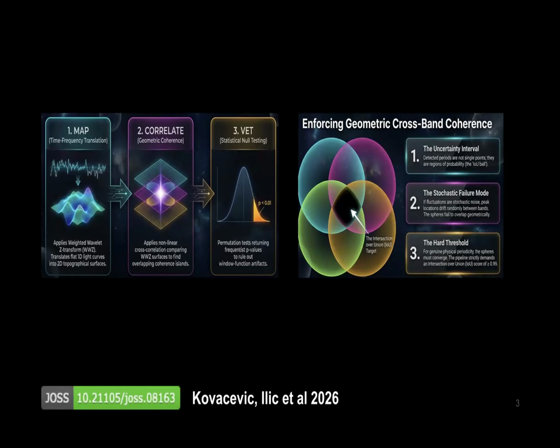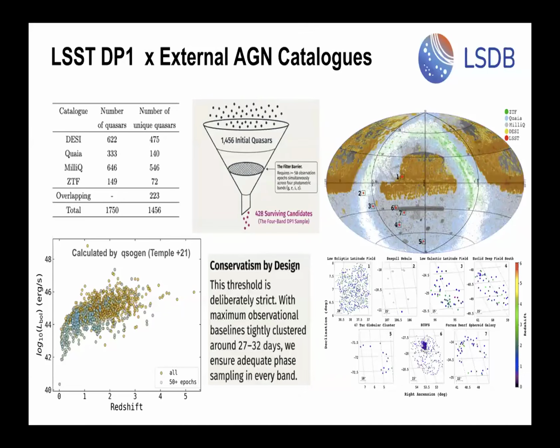We are also applying statistical vetting on the possible aliasing within the cadence of the LSST, and we are applying geometric cross-band coherence, where we treat the detection of the periodicity or oscillatory signal as an actual probability region, and we enforce convergence at the 99% level.